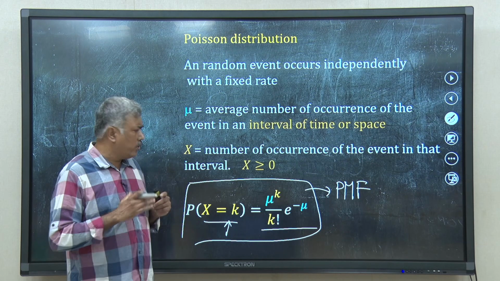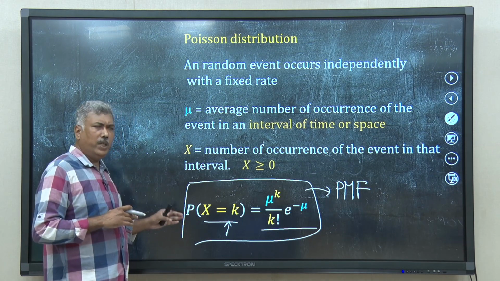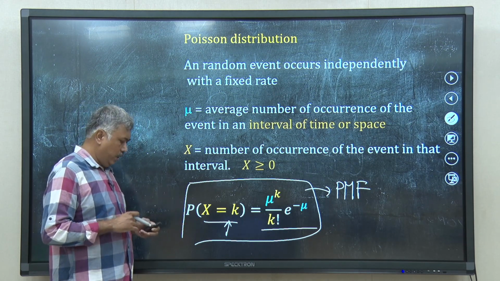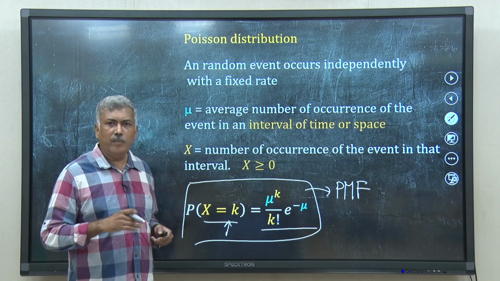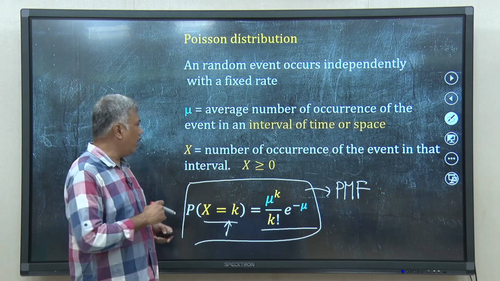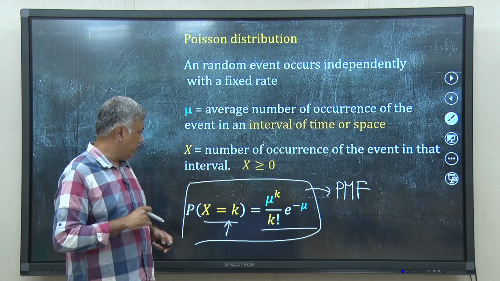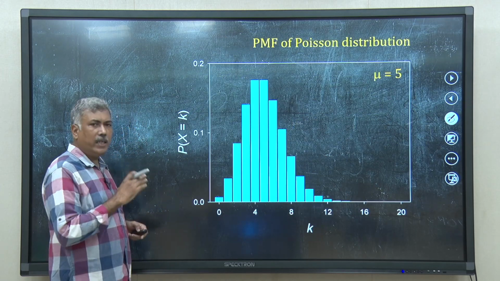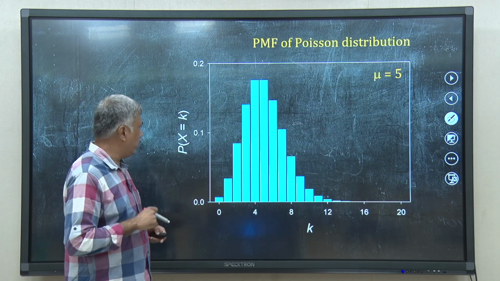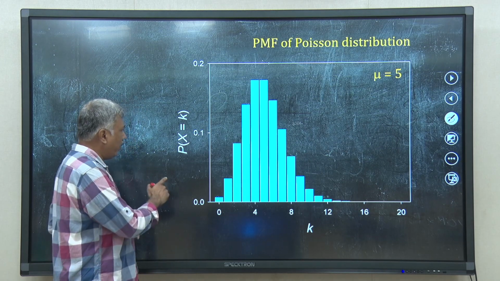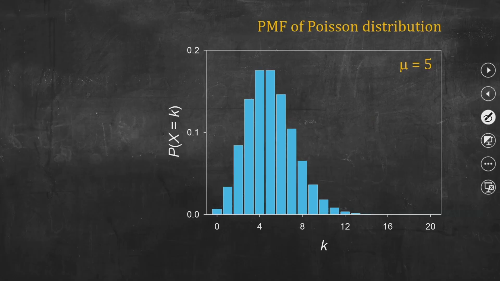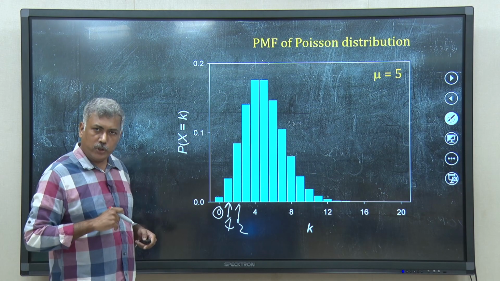Now let me draw this PMF for Poisson distribution. Just like I have drawn the PMF for binomial distribution, let me draw the PMF for Poisson distribution. And here it is. I have taken a particular value for mu equal to 5, and again I have plotted each probability, of 0, of 1, of 2, using the PMF of Poisson distribution.